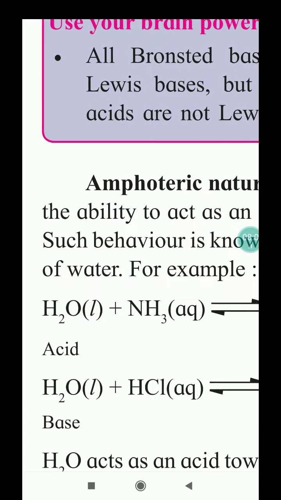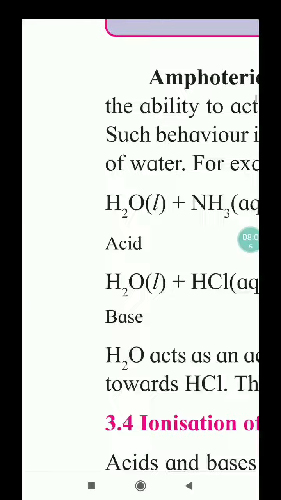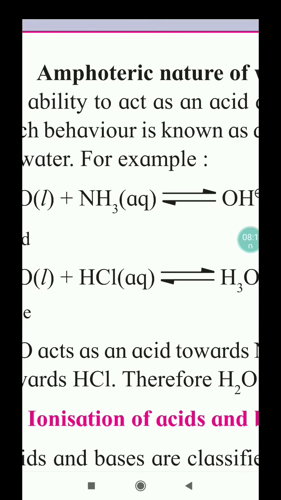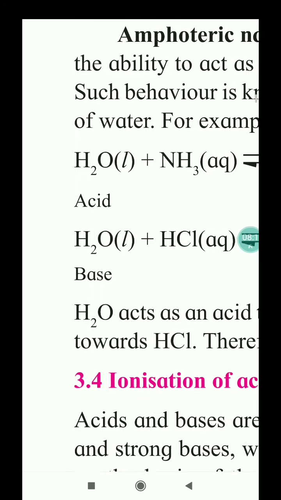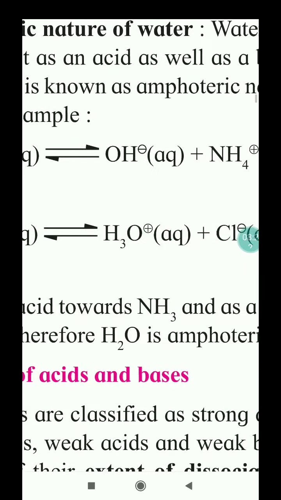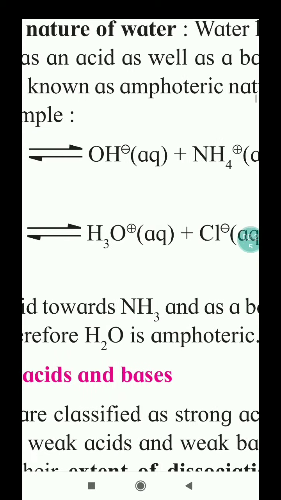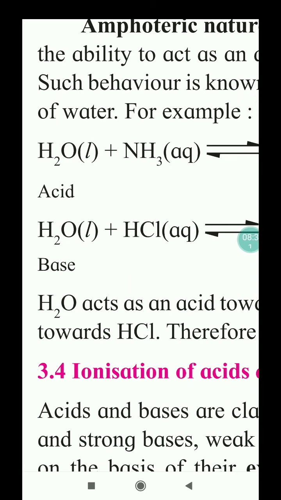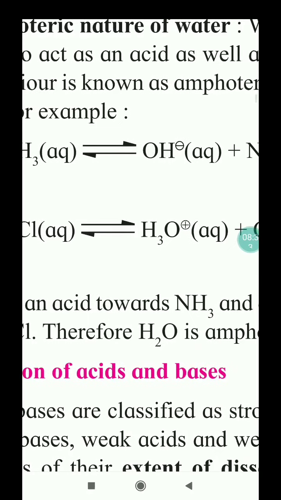Then, the amphoteric nature of water. Any substance which can act as an acid as well as a base is called an amphoteric substance. Now when water reacts with ammonia, it donates a proton to ammonia to form OH negative and NH4 positive. When H2O reacts with HCl, it accepts a proton from HCl to form the hydronium ion.